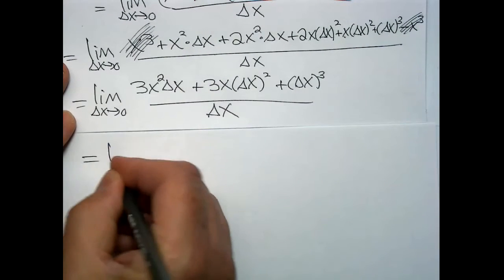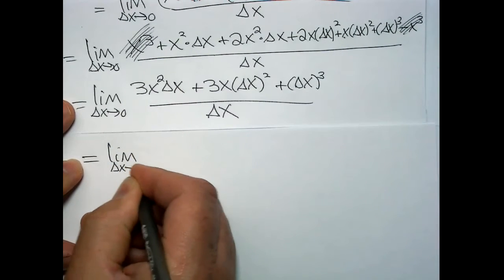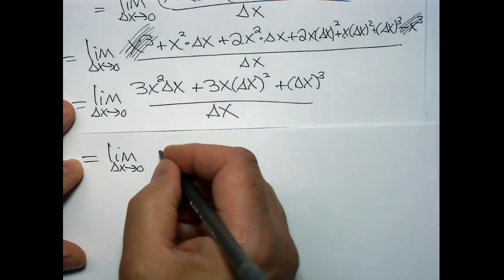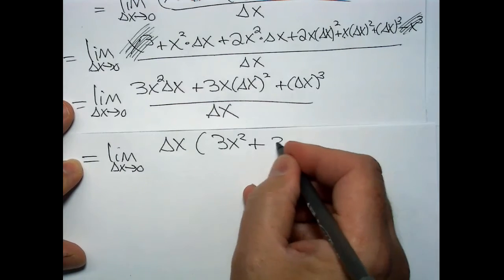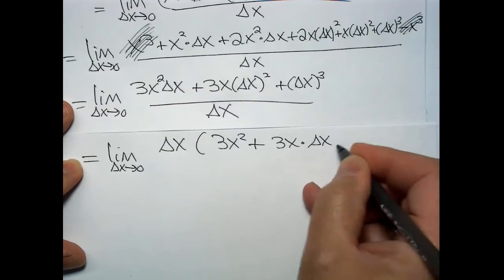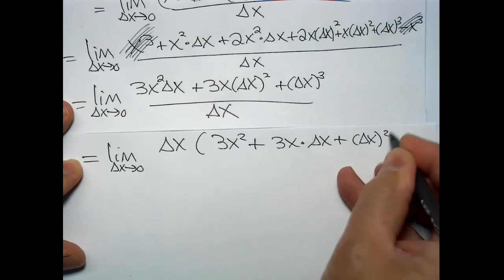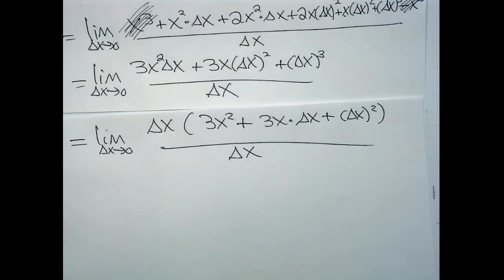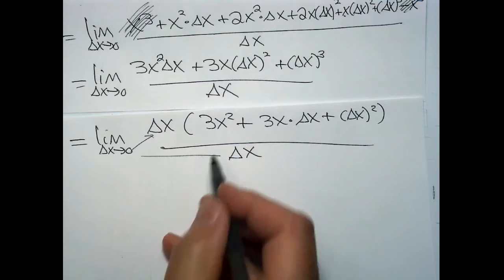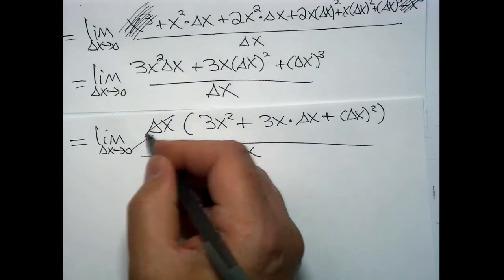Now the next step is factor out the common factor. We hope it's the offending factor. So the limit as delta x approaches 0, delta x is the common factor. Out it comes. And there it is, guys. Now, why do we keep getting 0 over 0 on these problems? Here it is, because of this offending factor.